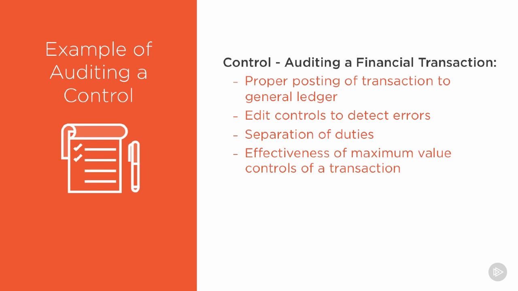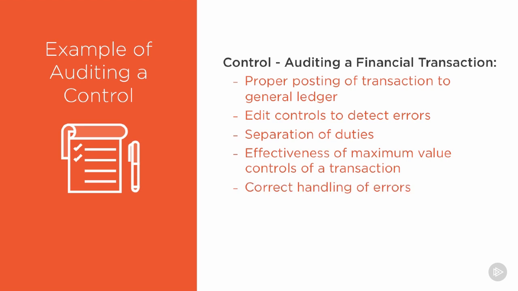A person that wanted to implement a payment would only be allowed to input that payment up to a certain registered amount. We have a maximum value of that transaction. If the transaction exceeded that level, it should be stopped and approval would be needed from another more senior person.